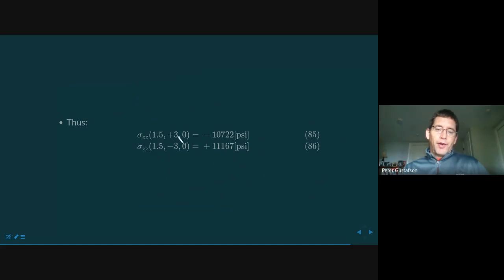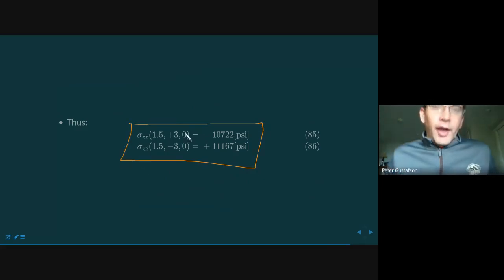At 1.5 plus 3 and 1.5 minus 3, we can compute different stresses based on that formula, and here's the answer. So that's the bottom line. We have a general formula that gives it as a function of position, and then we can evaluate the stress at various positions within the beam, and lo and behold, it gives us an answer.